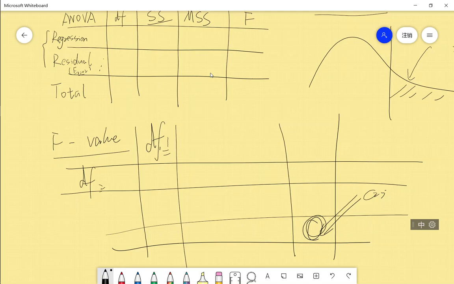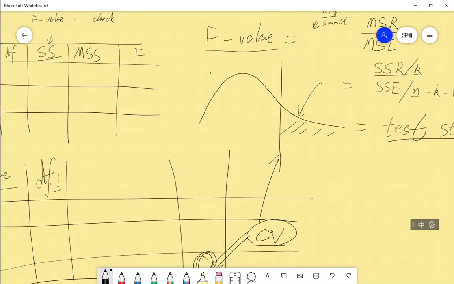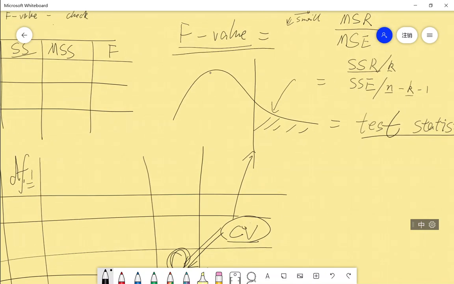The critical value is CV, and once you have CV, you compare. If the F value is bigger than the critical value, you can conclude that F is significant. So you get the final significance test of whether the whole regression is as significant as it claims to be.